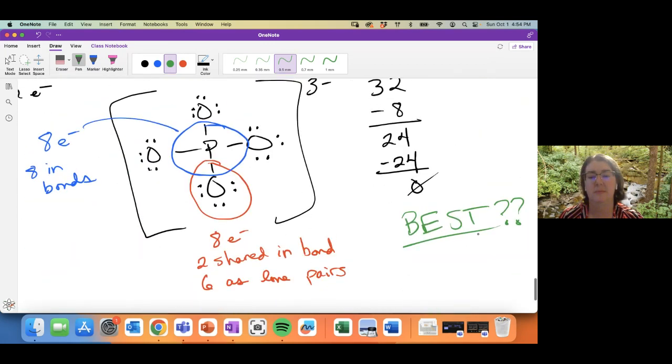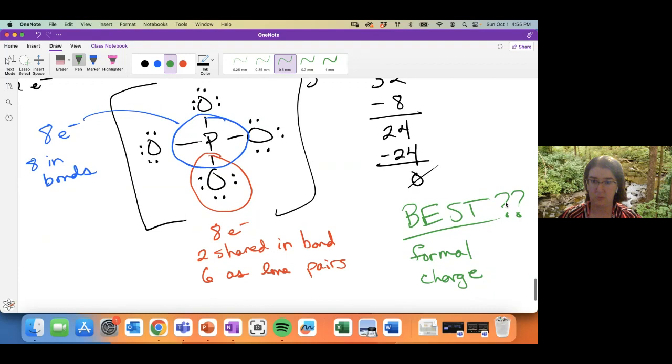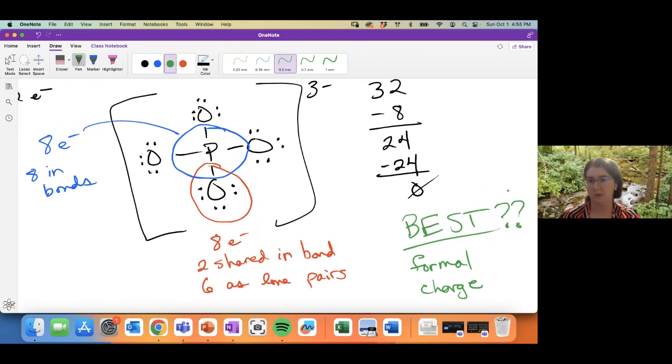So best is going to basically be your magical word to remember to do formal charge. When we do, not formula charge, formal, the word is formal. Formal, like it's in a tuxedo for some reason, or a beautiful ball gown, or something, nice pantsuit, formal.